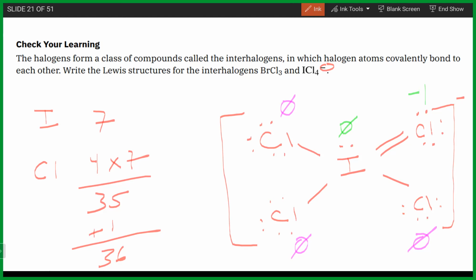But also, with this double bond, iodine still expands the octet. Iodine now has 10 electrons instead of 12, but it's still exceeding that 8 electron octet. And then the same thing with the chlorine now. It had 8, but now when we form the double bond, chlorine has 10, which it can do in some cases, and it's in the third period, so we can expand that octet. But now both of them have an expanded octet.